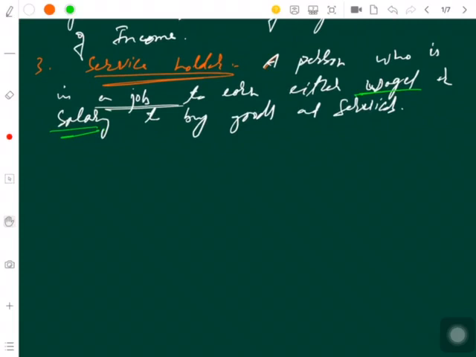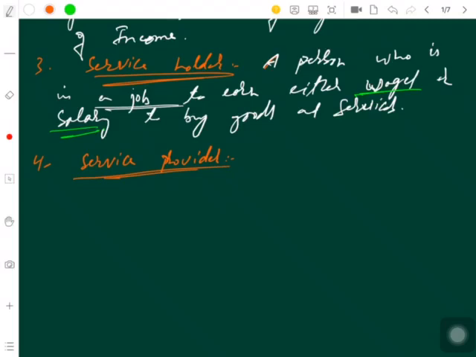Number fourth you must keep in mind is service provider. You see, everything is working in a chain. That is the beauty of economics. So there is a service provider also. Who is a service provider?